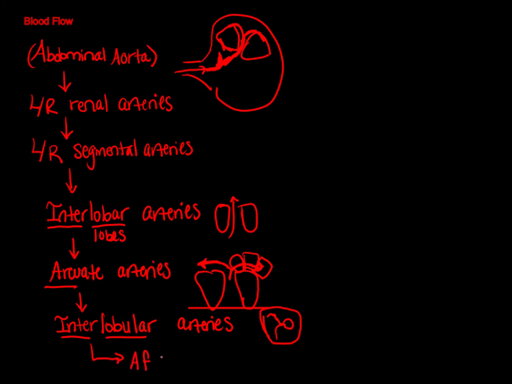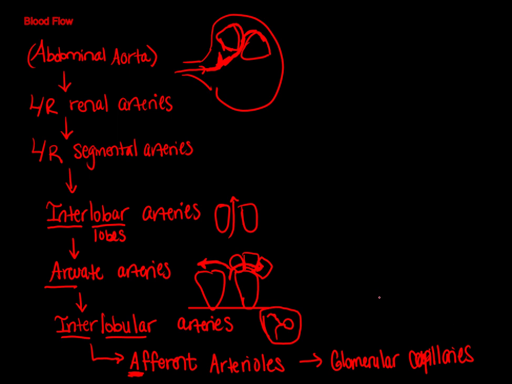So from the interlobular arteries, we'll go to the afferent arterioles. Then we'll get to our glomerular capillaries, our capillary bed, where again is going to be our primary site of filtration. And then we'll exit there through the efferent arterioles.